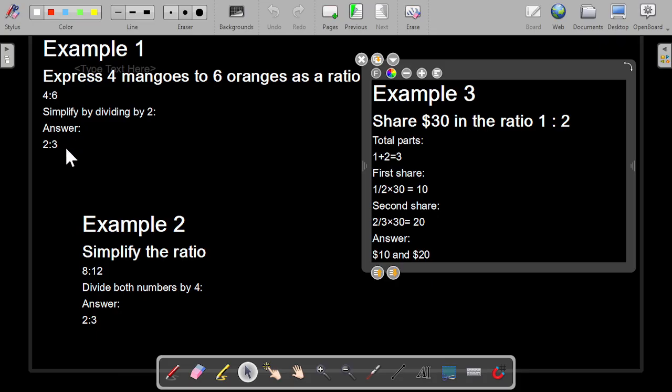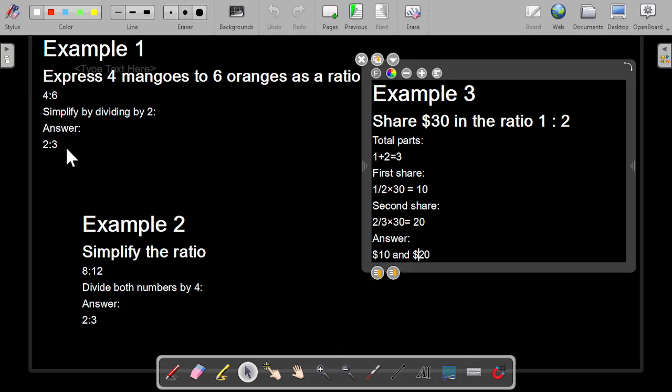So the answer is 2 ratio 3. When you have 4 mangoes and 6 oranges in a basket, and somebody asks you to express this ratio, it simply means 2 to 3. So this is the answer.